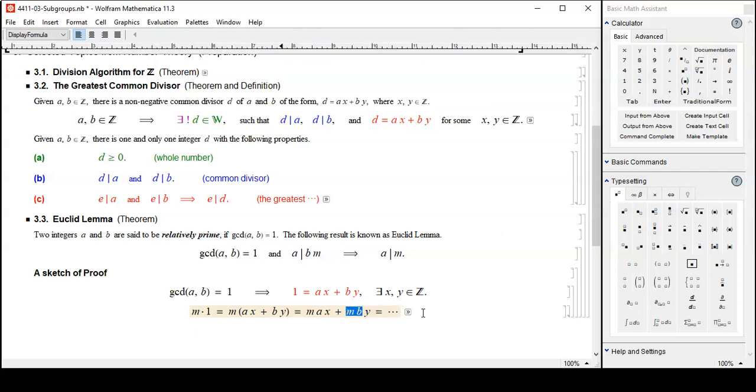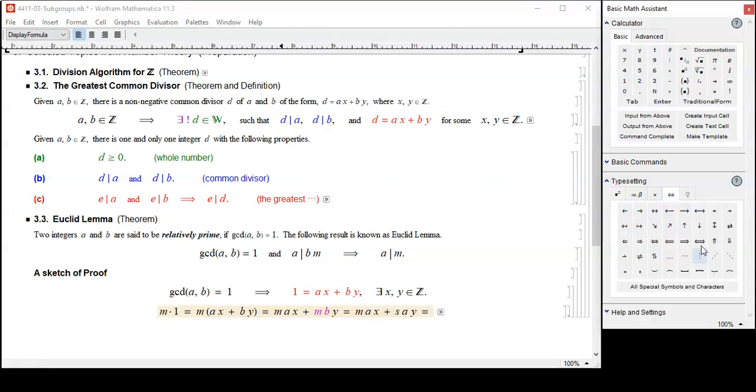Let's make it purple. So this mb is divisible by a. So we can rewrite this as max is all set. And then mb is divisible by a, so something times a, plus y.